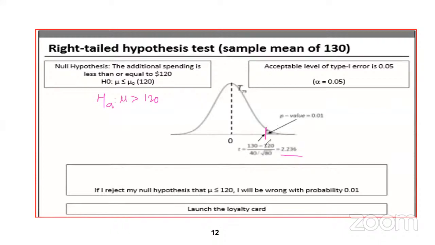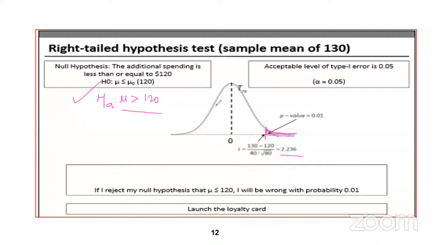And what are we trying to prove? We are trying to prove the alternate hypothesis. In the alternate hypothesis, what is the condition given? That mean spent is greater than $120. So we are talking about the greater than condition probability. That means we are interested in this shaded portion's probability.